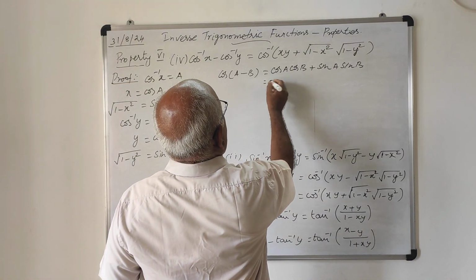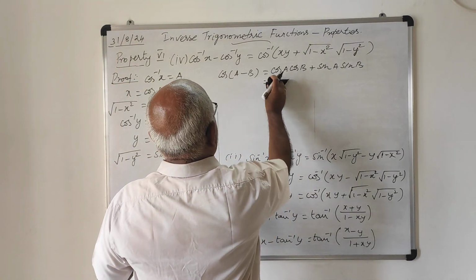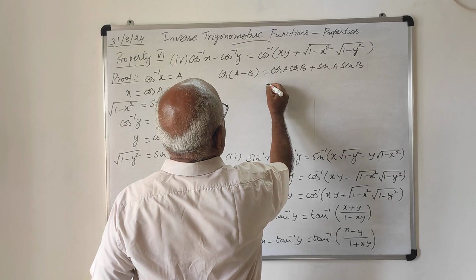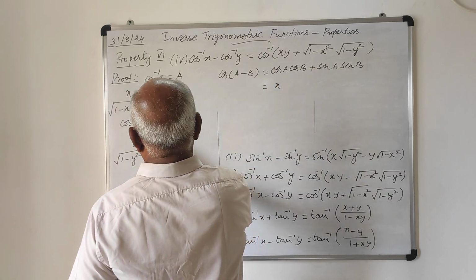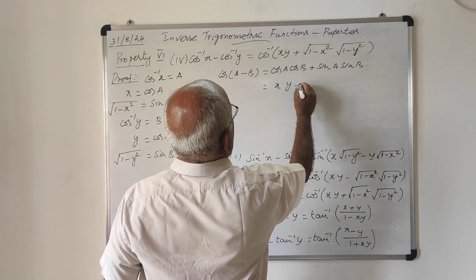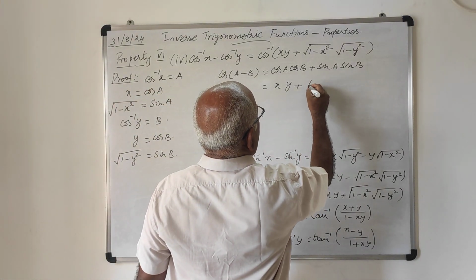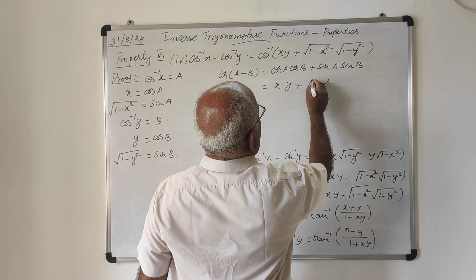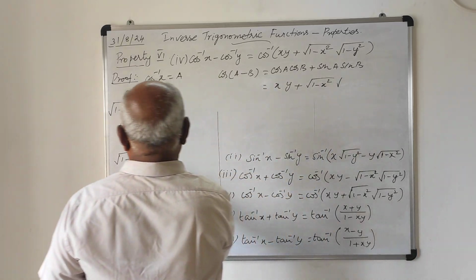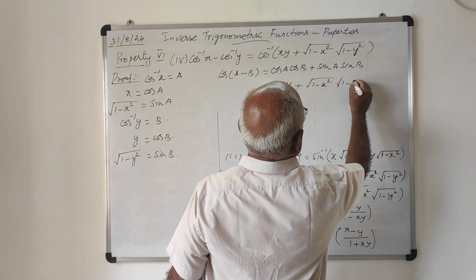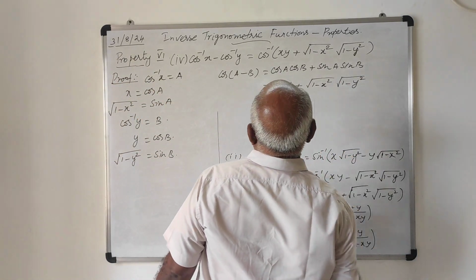So cos a is x, cos b is y, plus sin a is root of 1 minus x square into sin b is root of 1 minus y square.